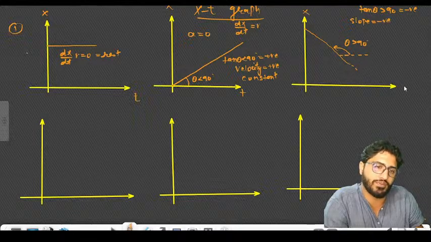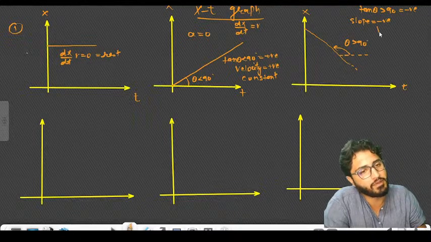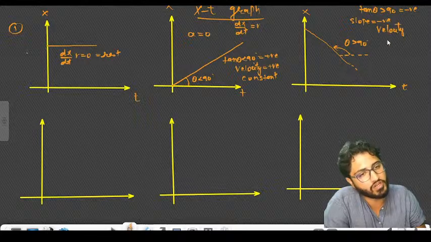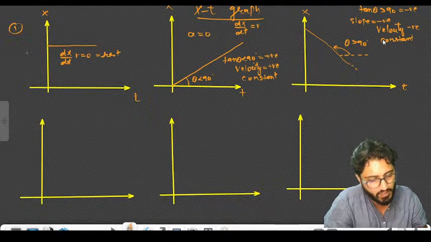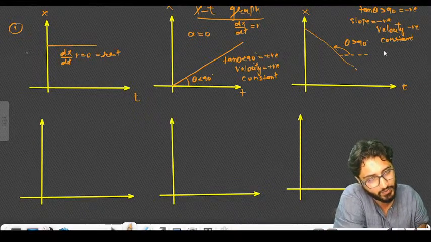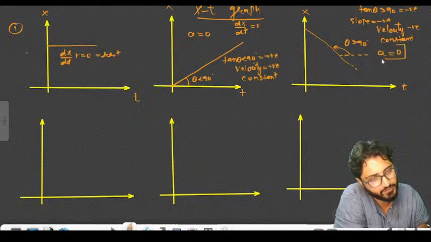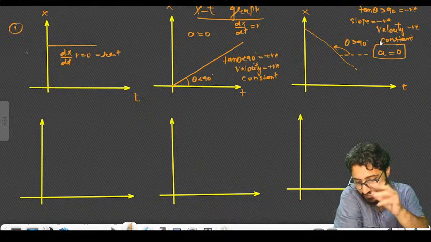If my slope is negative, my velocity is constant, but my velocity is negative. Constant but negative. What is acceleration? If velocity is constant, acceleration must be 0. You need to remember each and everything.